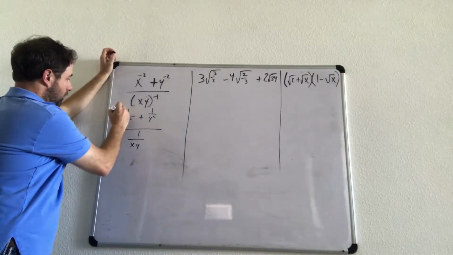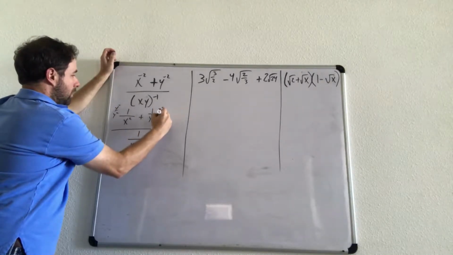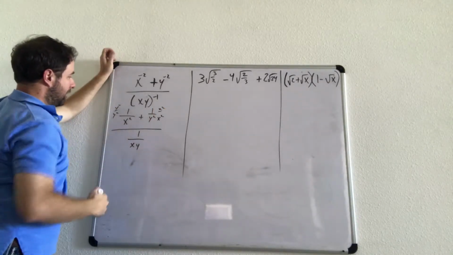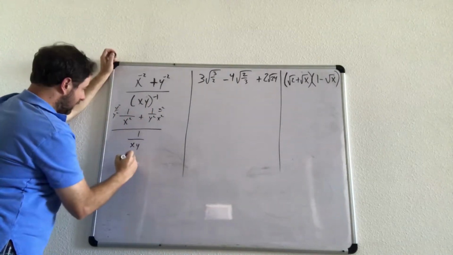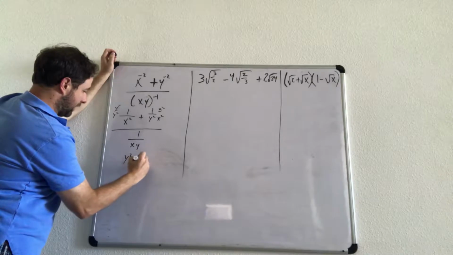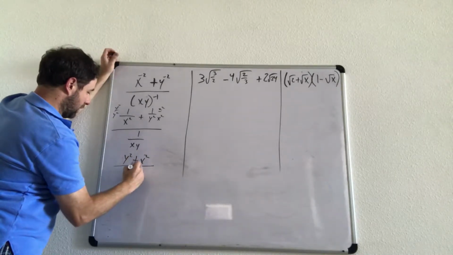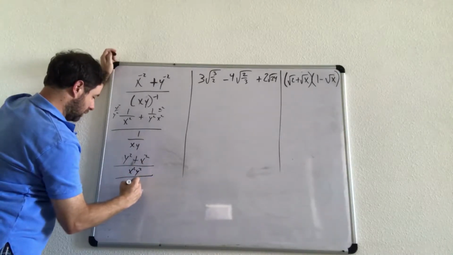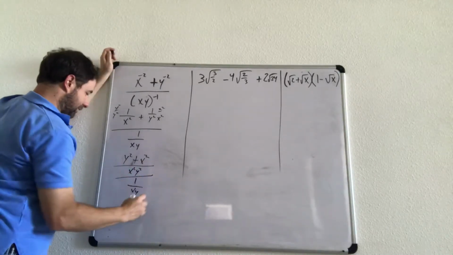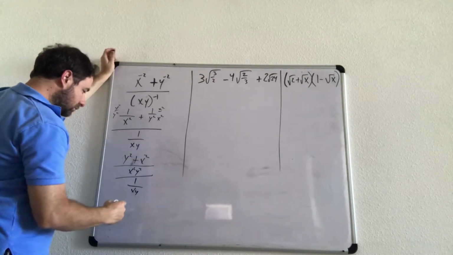So multiply this times y squared over y squared and x squared over x squared. Now we have common denominators of y squared plus x squared. So what it's going to look like is y squared plus x squared over x squared y squared over 1 over xy. Last step we're going to do is flip this and bring it to the top.